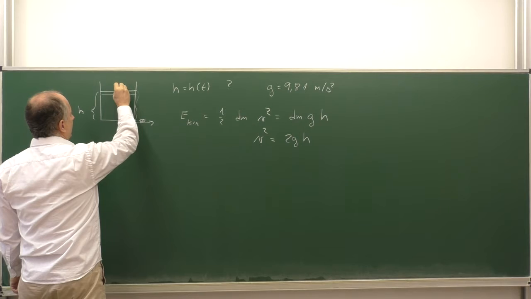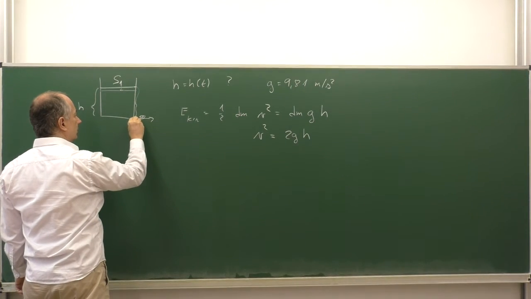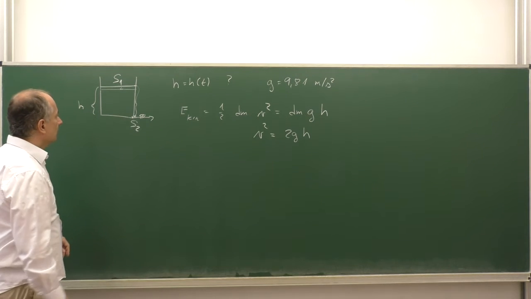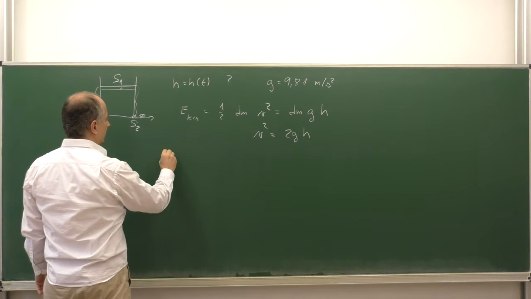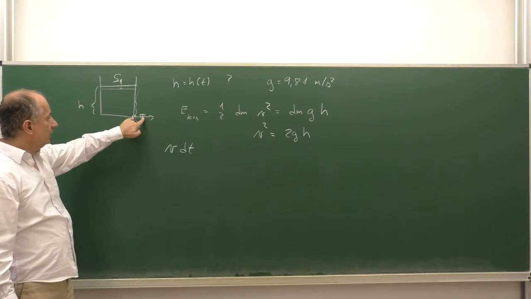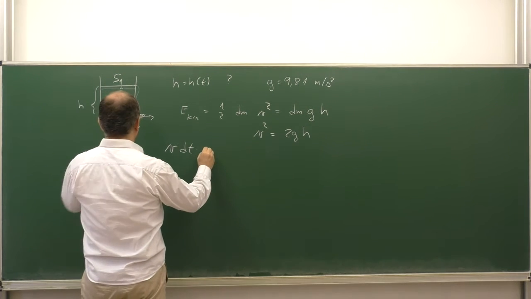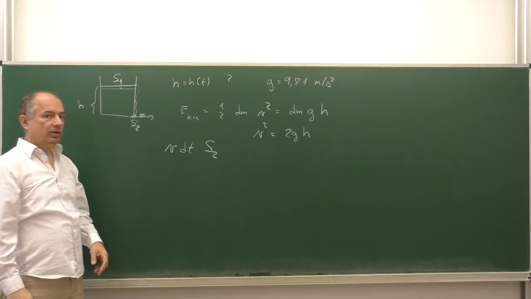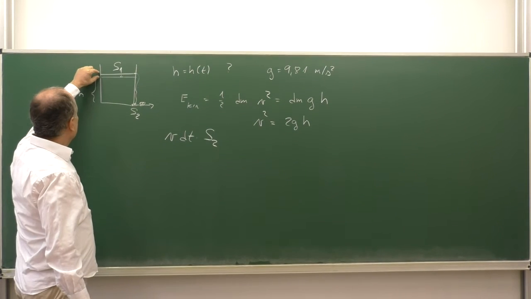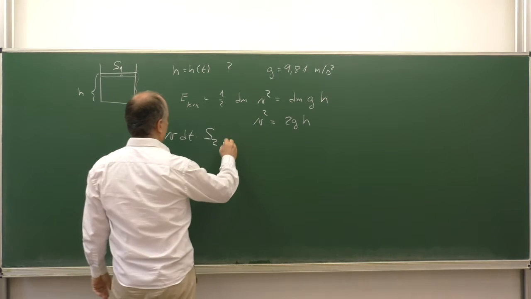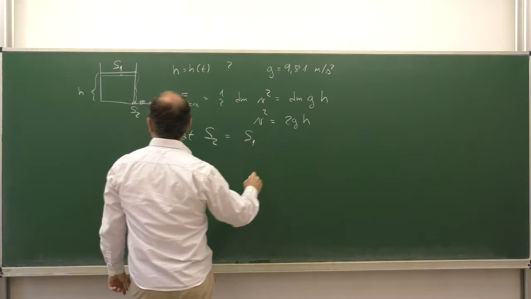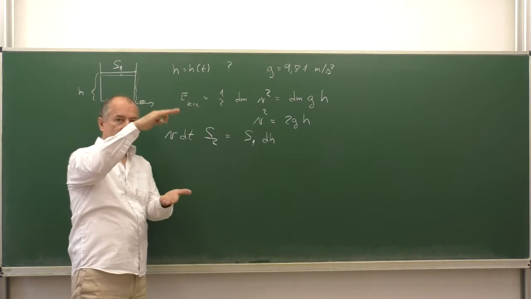If we denote this area as S1, and if we denote the area of this hole as S2, which will be typically much smaller than S1, then what flows out is velocity times time, this distance, multiplied by the cross-section S2, is the volume of water that flows out in some small interval dt, and this must be compensated by the decrease of the height, which will be S1, the area of the surface, times dh, the decrease of the height.